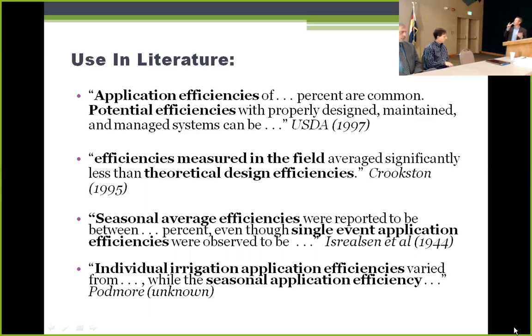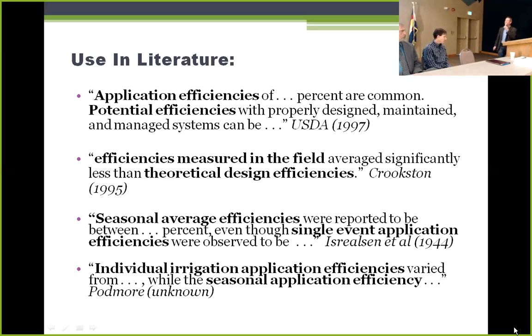In the second example, efficiencies measured in the field, I think is in reference to application efficiency. Somebody went out and looked on that day, this was the efficiency that was measured. And they make the comment that that might be different than a theoretical design efficiency, again, that could be assumed as optimal.